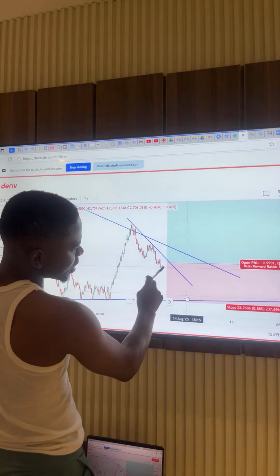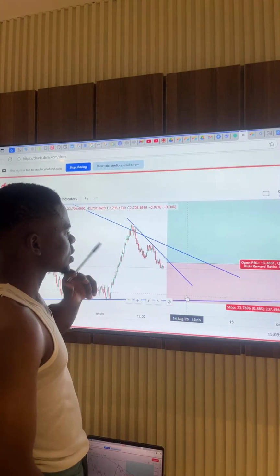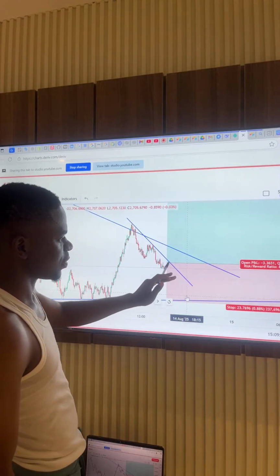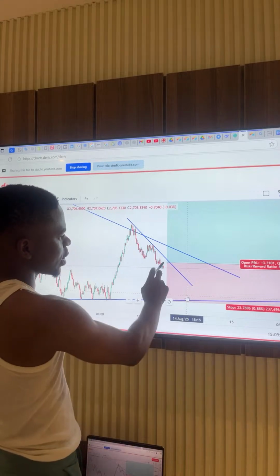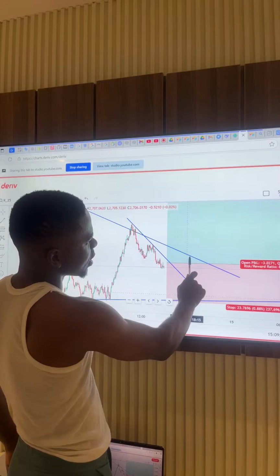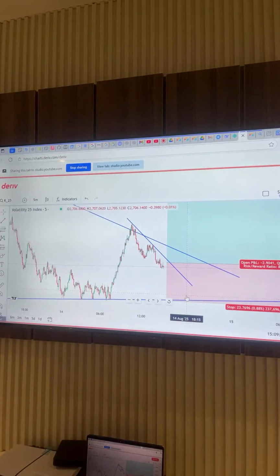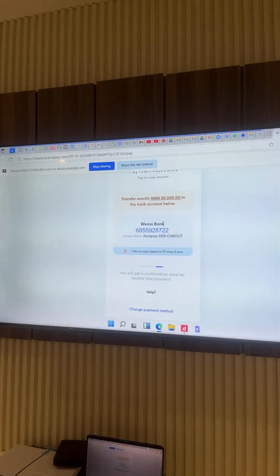Once this 15 minutes candle has 45 seconds remaining, we are going to see some reaction from this particular point. If anything happens at this point, we are expecting the market to hit here, then hit that one. It is reducing now. What is happening now?